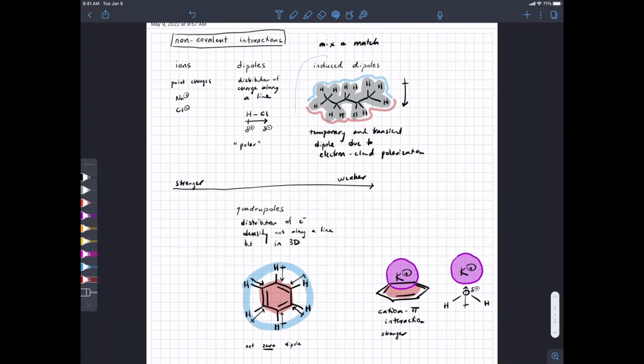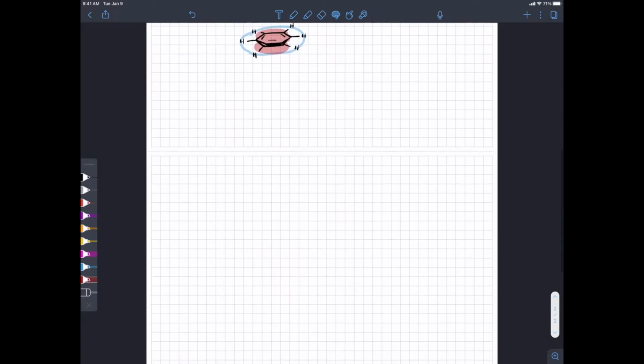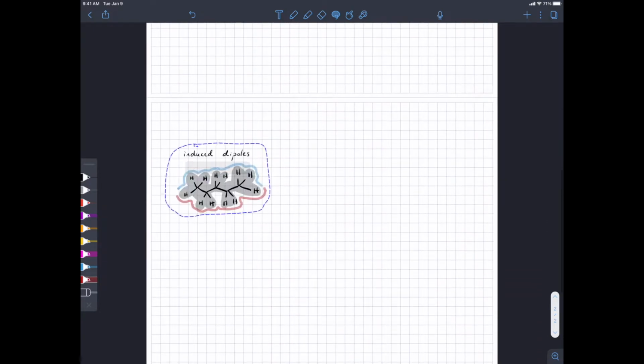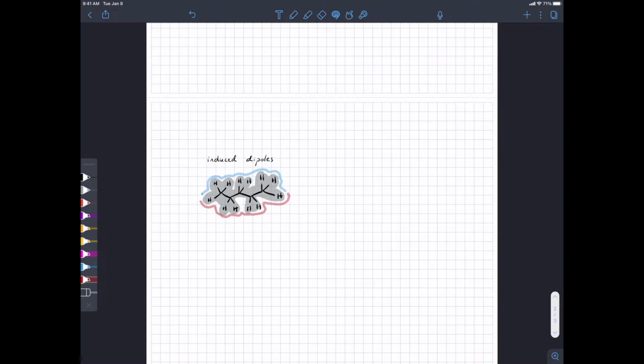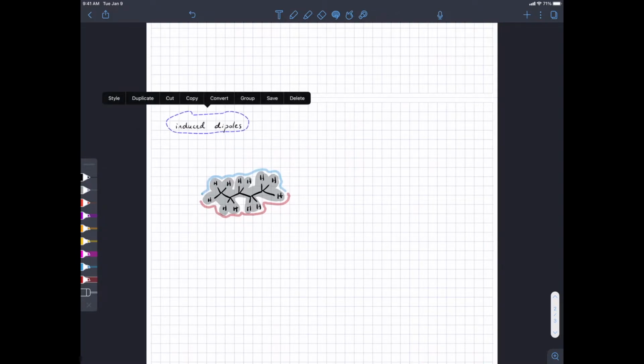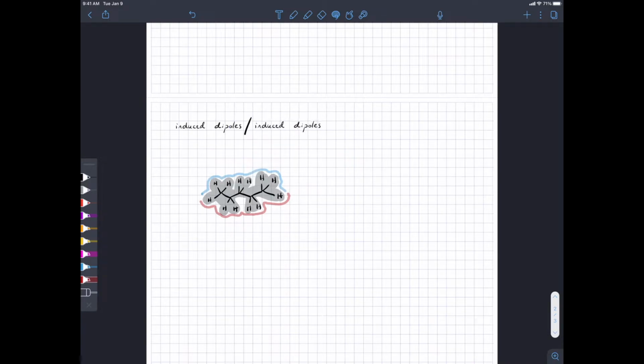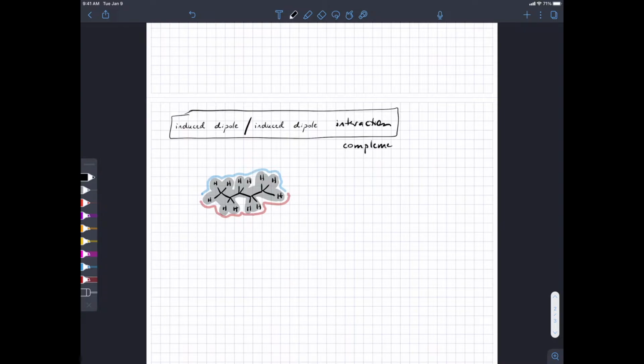So let's actually talk about that kind of interaction now. This one is painful to write. It's an induced dipole interaction with another induced dipole. Okay, and what happens here is complementary.